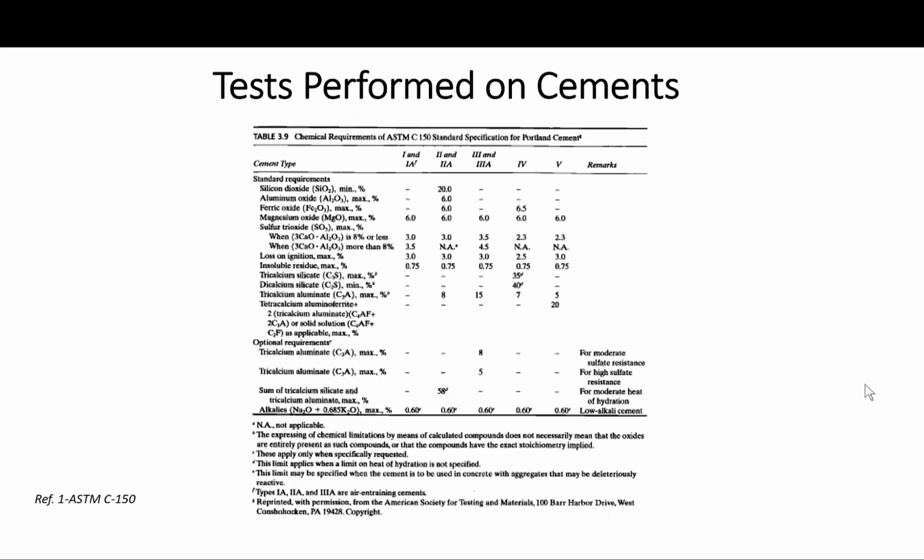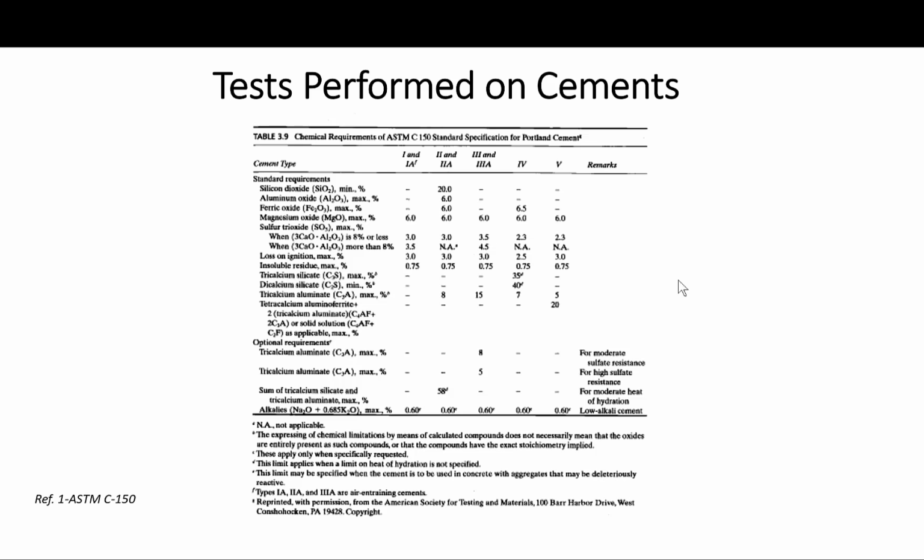As I said, the chemical requirements for Portland cement, given by ASTM C150, are shown in this table, which I have shown the previous lecture, if you remember. These specifications allow wide variations, because it has been found that cements with quite different chemical compositions may have suitable physical behavior.